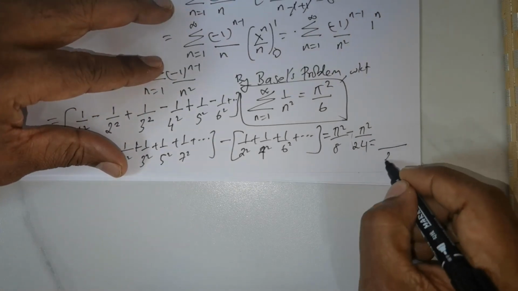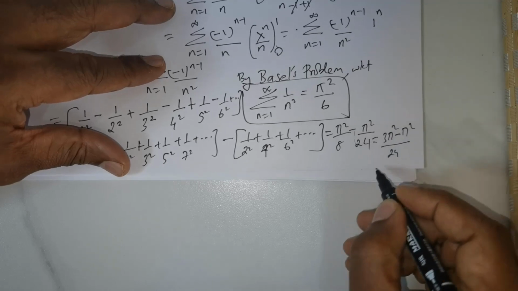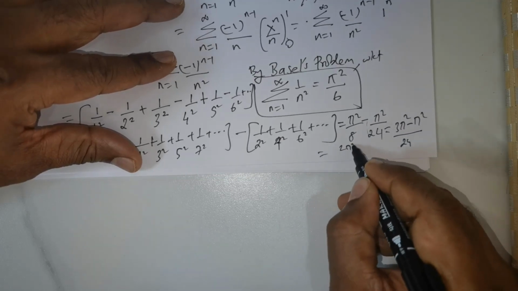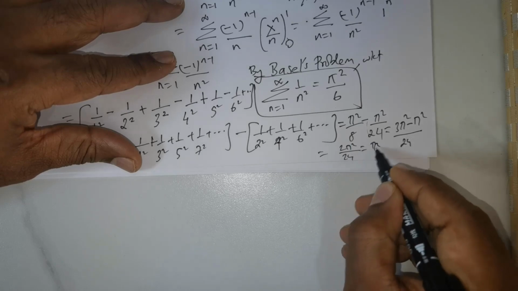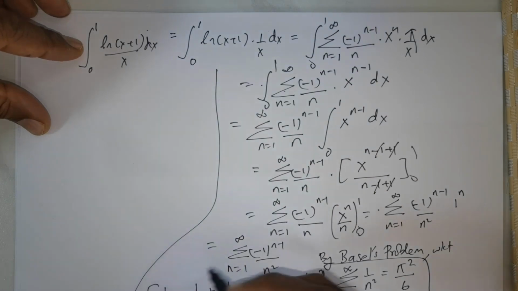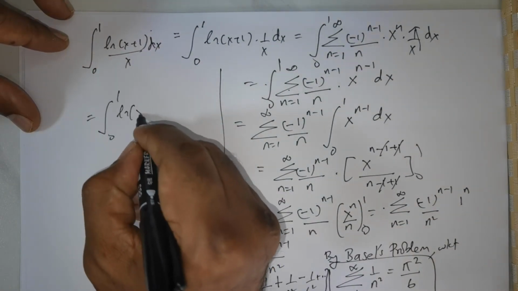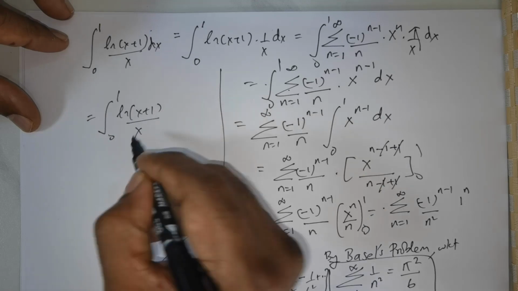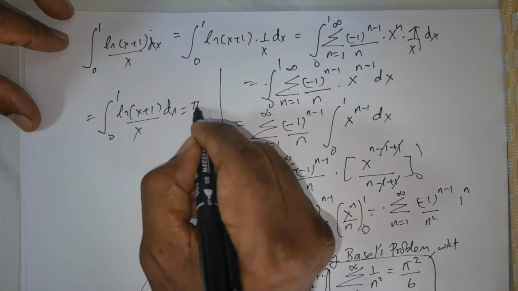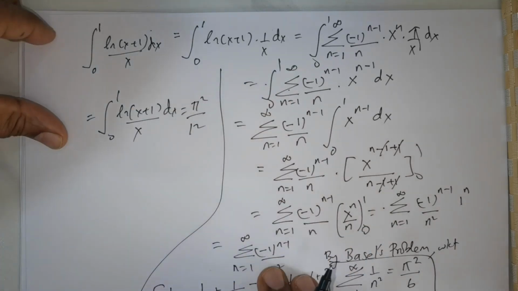If I take the LCM as 24, this gives me 3 pi squared minus pi squared, which is 2 pi squared over 24, which is pi squared over 12, right? So what have I done? I have calculated the integral from 0 to 1 of ln(x + 1) divided by x times dx to be pi squared over 12. But this is not required.